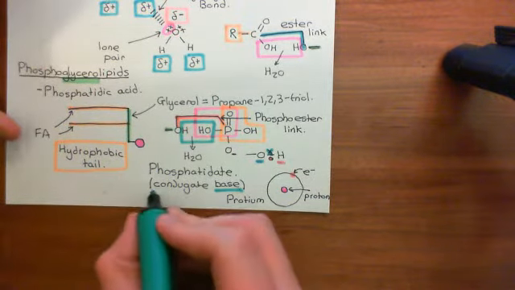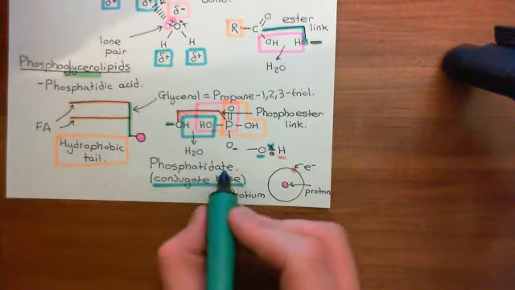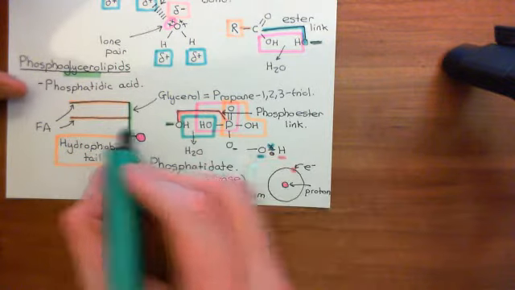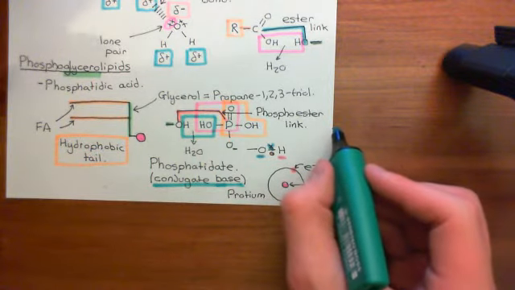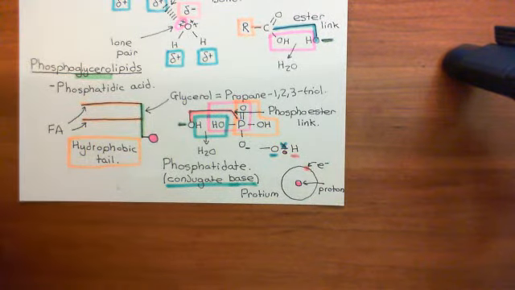So they are called the conjugate base of the acid molecule. So phosphatidate refers to phosphatidic acid once it has lost its proton. That's the strict difference between phosphatidic acid and phosphatidate.